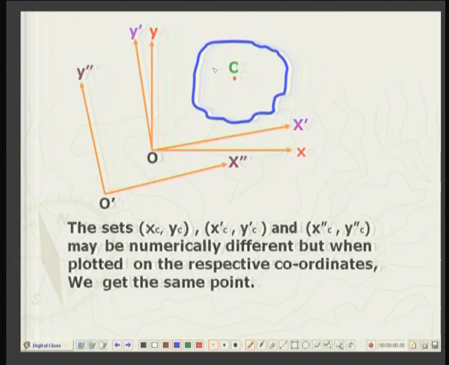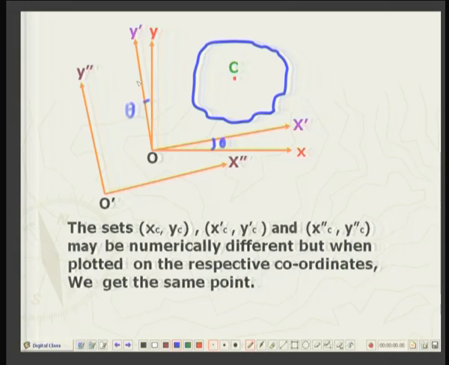Now, let us say we rotate the coordinates through an angle theta, so that this is theta and this is also theta. The new coordinate system is x dash, y dash, and of course, z dash is coinciding with z, and it is normal to the plane of the screen.